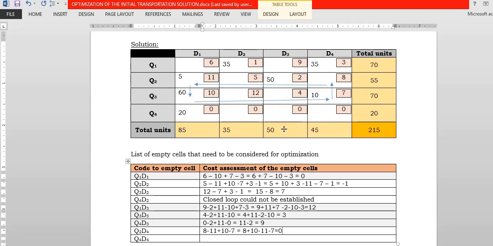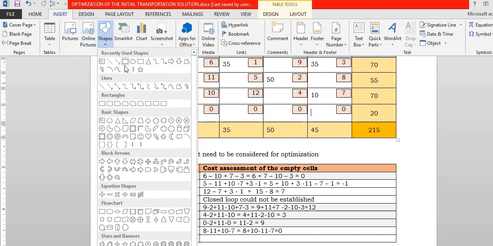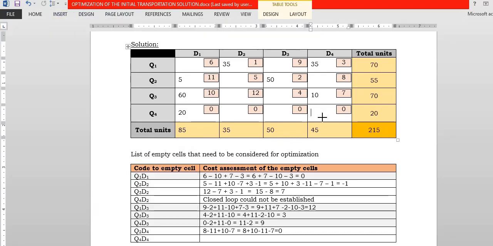And lastly, our last empty cell is here, Q4D4, which is down here, and again I can see there's a very clear closed loop there. So we make our closed loop, which is from here to there.